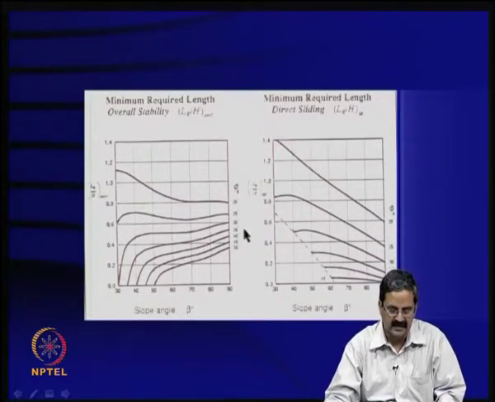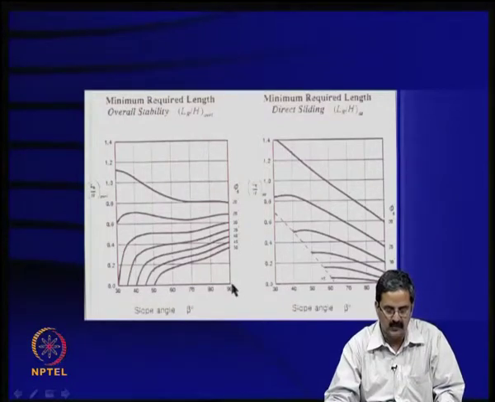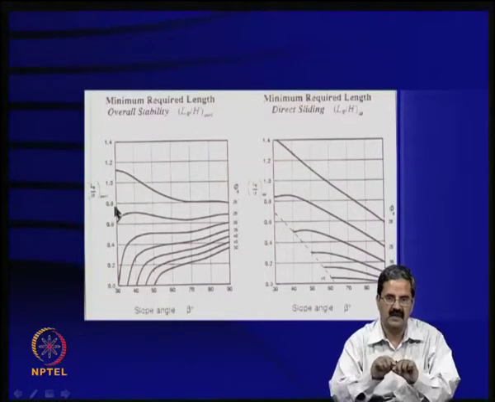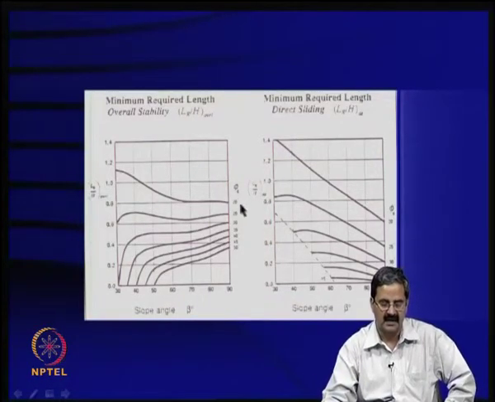And you can see that the same thing also comes here. If the wall is vertical and if the friction angle is 20 degrees, it is 0.8 times the length of the reinforcement.